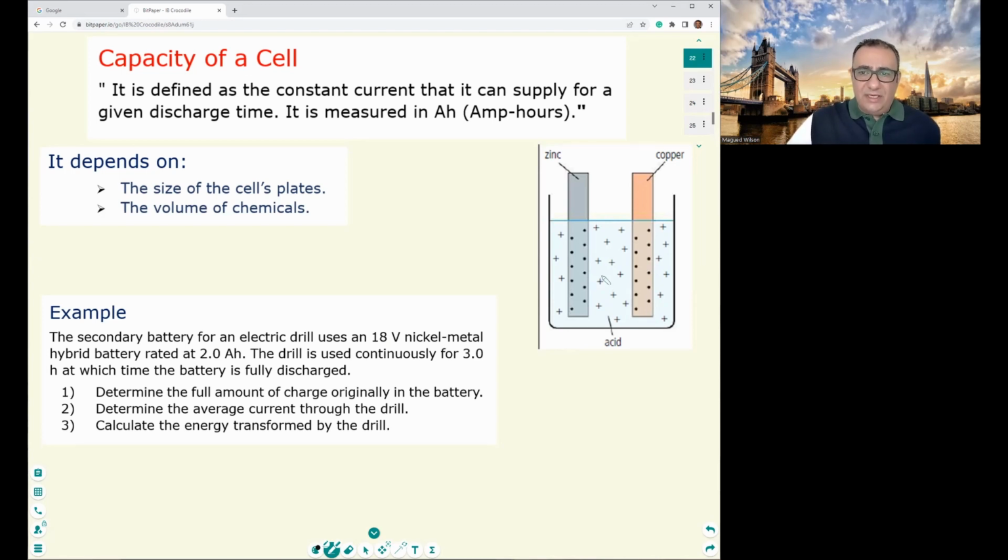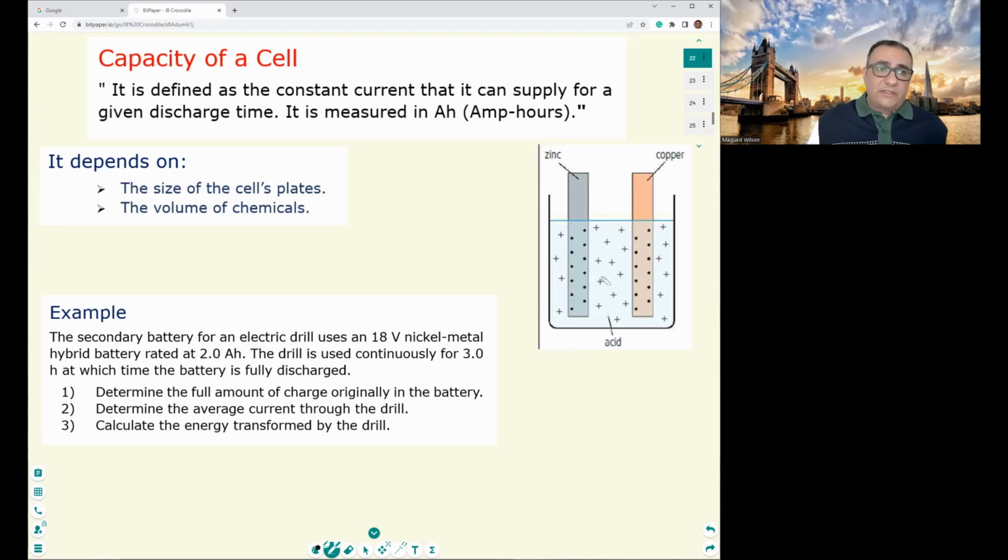Then when the cell is placed in a circuit, this chemical energy is converted into electric energy. So the energy transfer in the cell is chemical energy into electric energy, and that gives us the potential difference, and that allows the charges to flow, and then we have current.